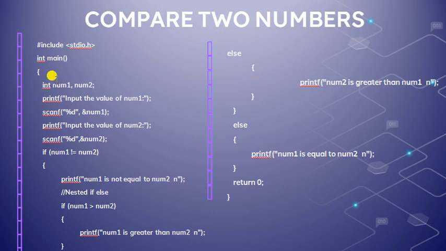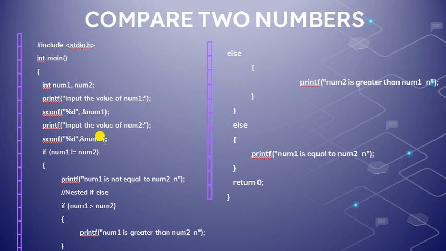First read two numbers, declared as num1, num2. First we have to input the value of number 1, so we read it with scanf("%d", &num1). Then the other number, scanf("%d", &num2).